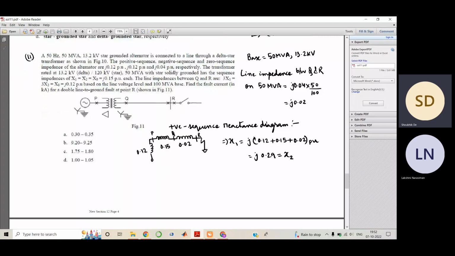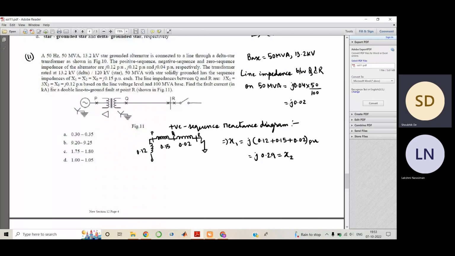Now this is the positive sequence reactance diagram. Here every component is mentioned. This is your synchronous generator, 0.12. This is your transformer, 0.15, and this is your transmission line.